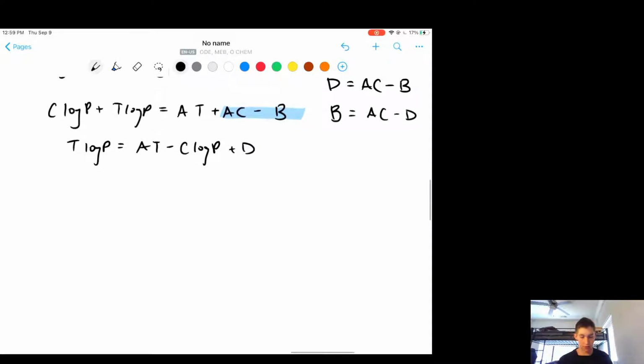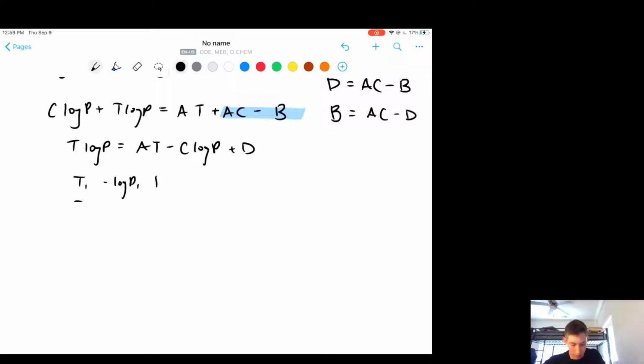So now we can put this into a sort of matrix form. Looking at the different coefficients, we have this constant a with t, this constant c with negative log p, and then this constant d with just 1. So we're going to say t1 and then negative log p1 and then just 1. And these are just the different variables that go with the constants.